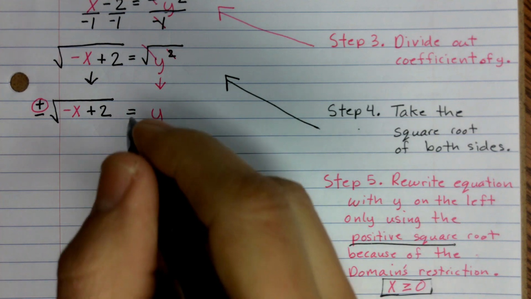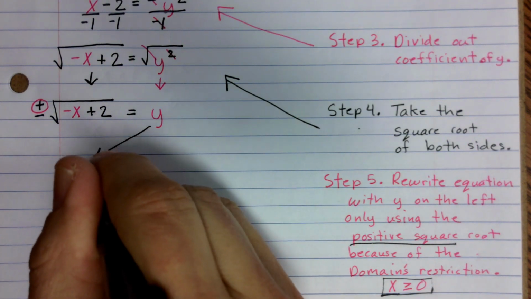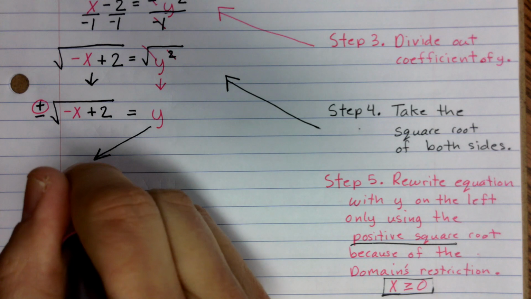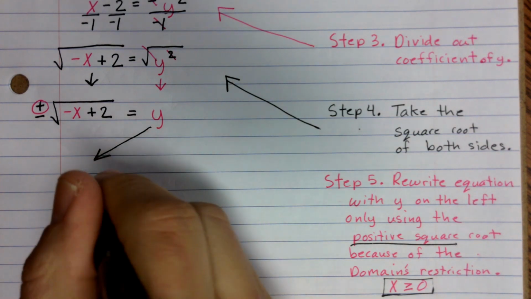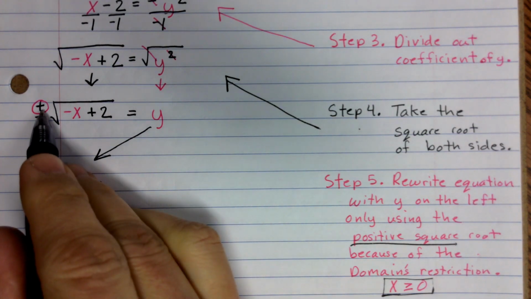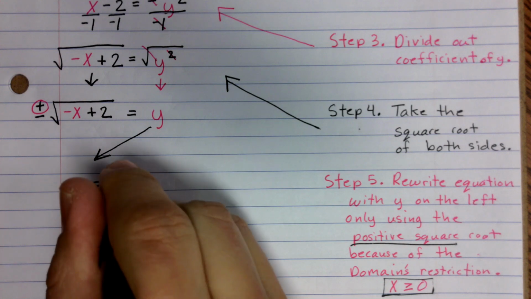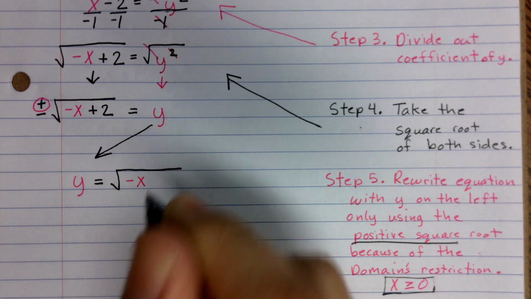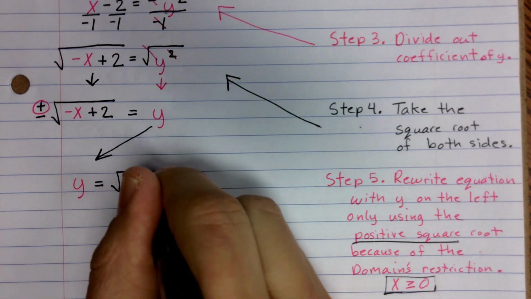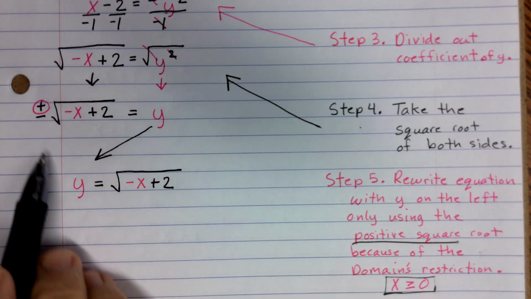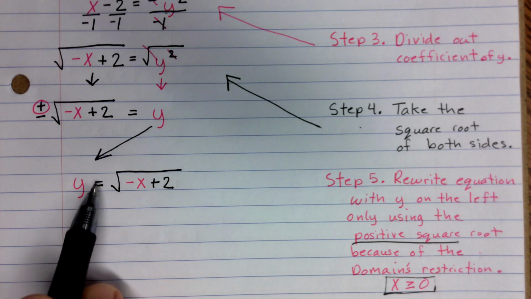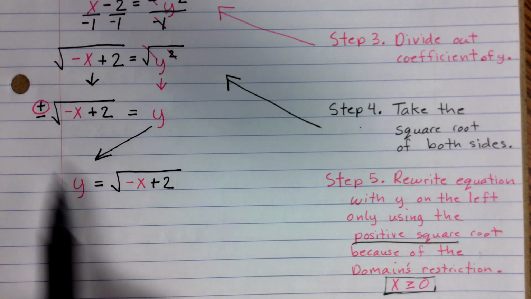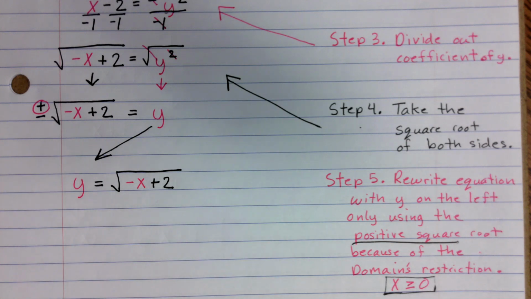In other words, when I rewrite this, you bring the y down. I end up with y is equal to, and since I'm only writing the positive, it's going to be just the square root of negative x plus 2. Notice I didn't put minus square root of negative x plus 2, because of our restriction that x is greater than or equal to 0.